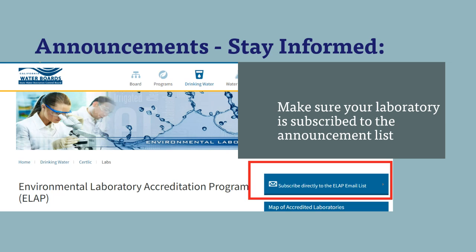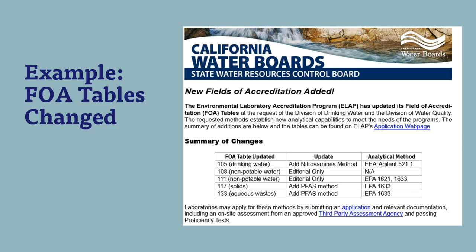So if we go to the next slide, when we add an updated field of accreditation table, it all comes with an announcement. This is an example of one of the announcements, I think it was last September, where we added a couple of new methods to different FOA tables. This email was a little bit longer. It had all the specifics of which ones were changed.